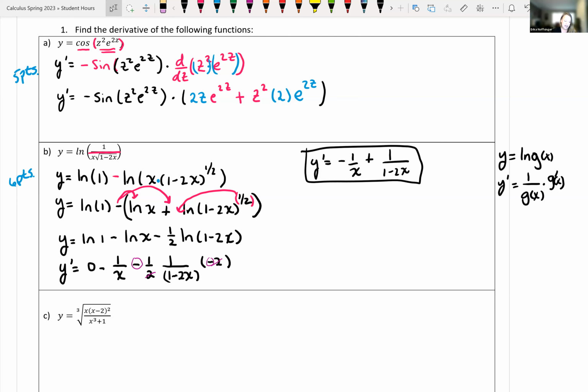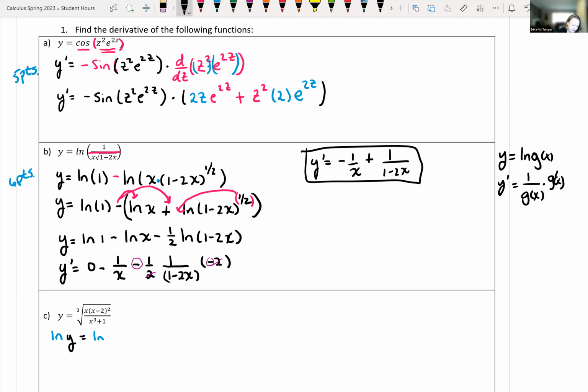So let's do that. Let's first take the natural log of both sides of this equation, rewrite the one side using properties of logs like we had done in the example above, and then take the derivative. And so if we took the natural log of both sides of our equation, we have the natural log of y is equal to the natural log.